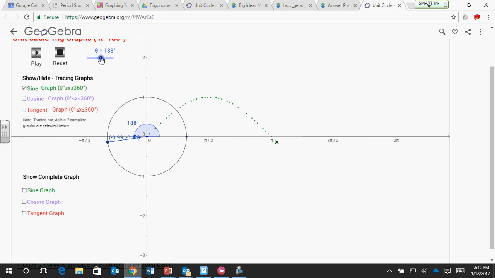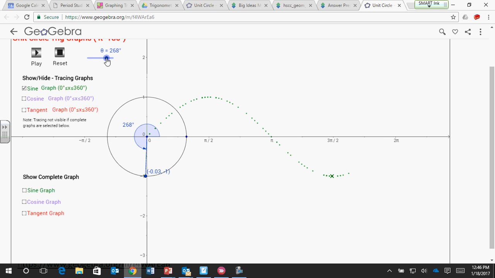Now we keep going, and it goes below the x-axis, doesn't it? Because in the third and fourth quadrants, the sine is negative. So we get down here and hit our minimum value, our absolute min, at 270 degrees.